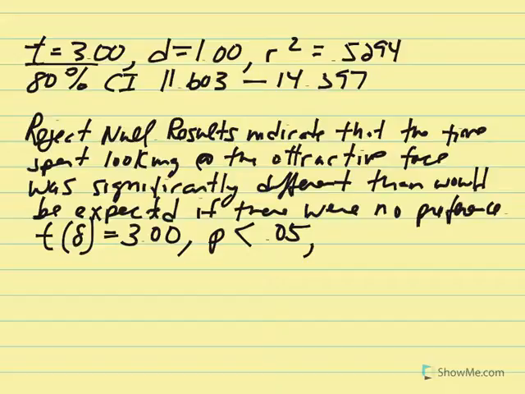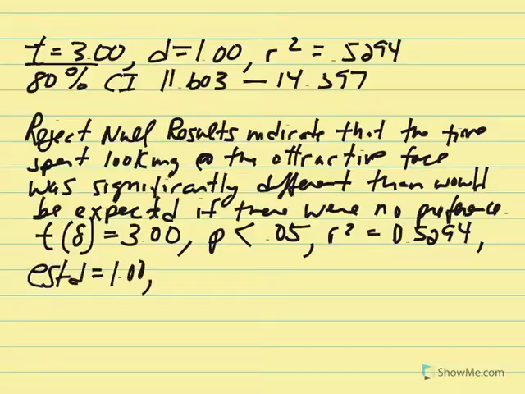And then we could include our measures of effect. R squared was equal to 0.5294, or we could include our estimated d, which was equal to 1.00, or our confidence interval.